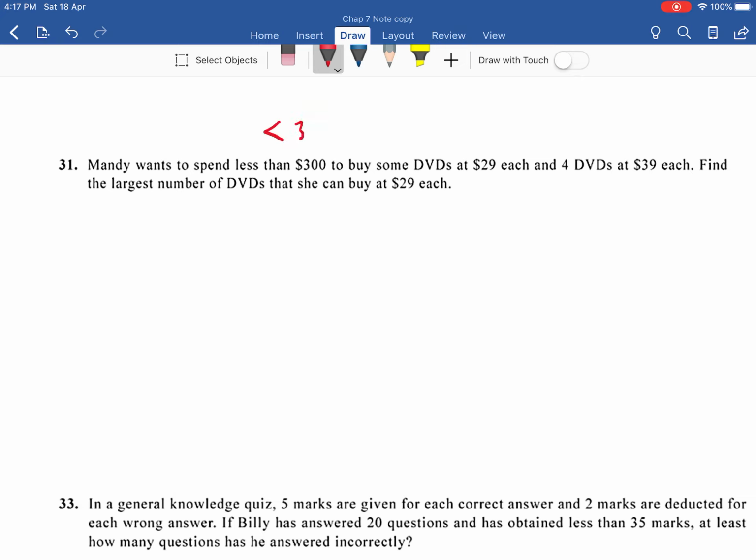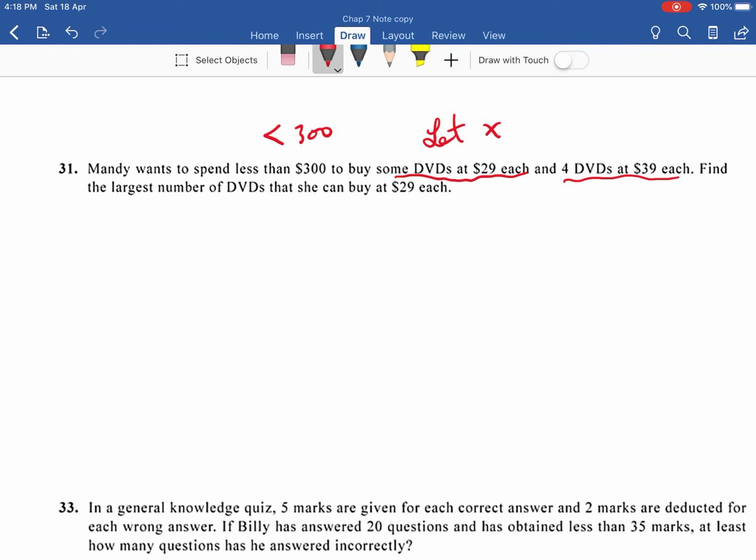Less than $300. $20 each for DVD, and buy 4 DVDs at $39. Find the largest number of $29 DVDs that she can buy. Therefore, you let x be the number of $29 DVDs.